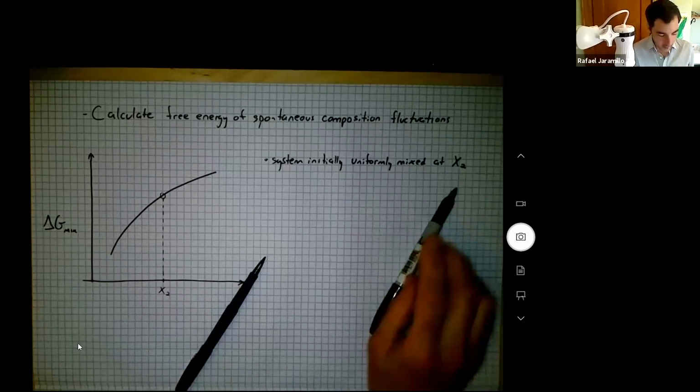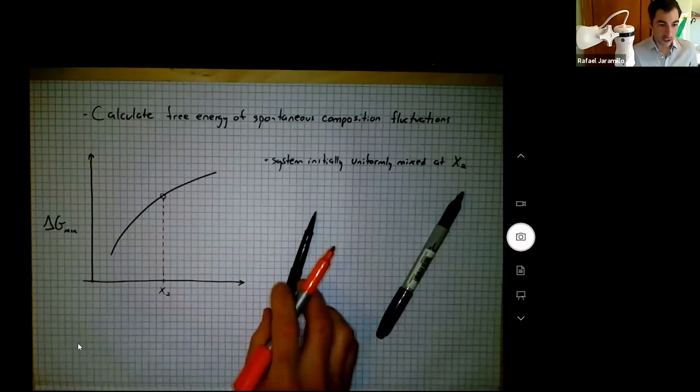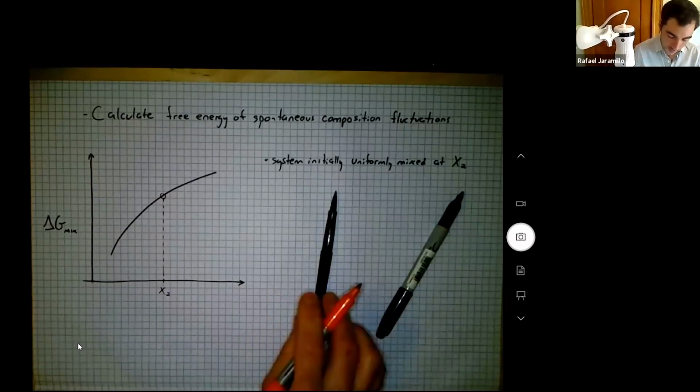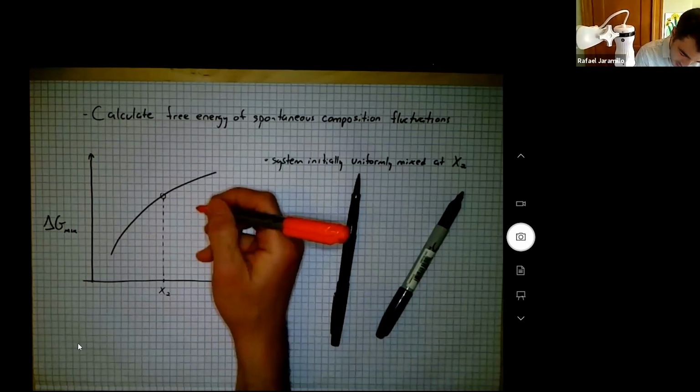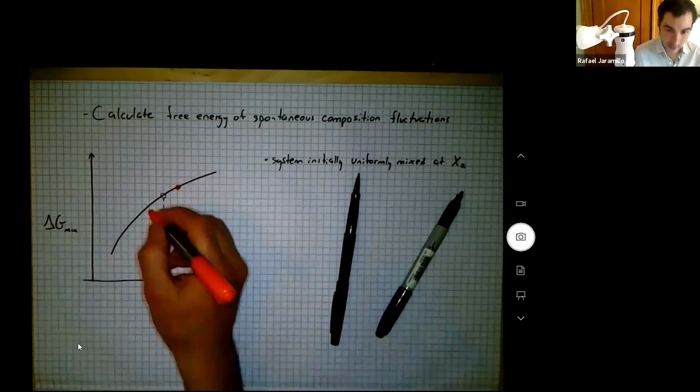Okay. And then what we're going to do is we're going to spontaneously fluctuate into regions. We're going to spontaneously have a little bit of region that's x2 rich and a little region that's x2 poor.